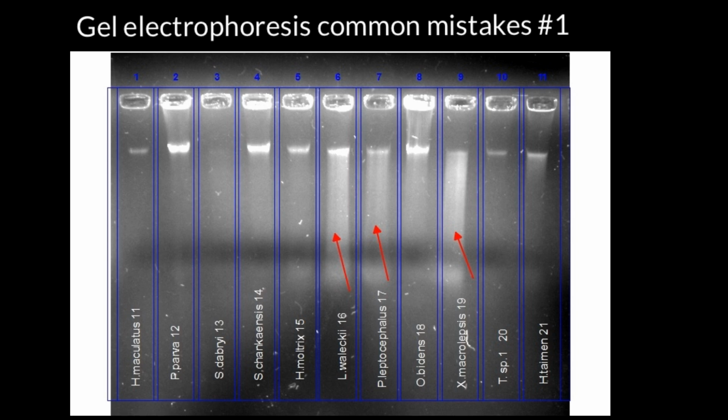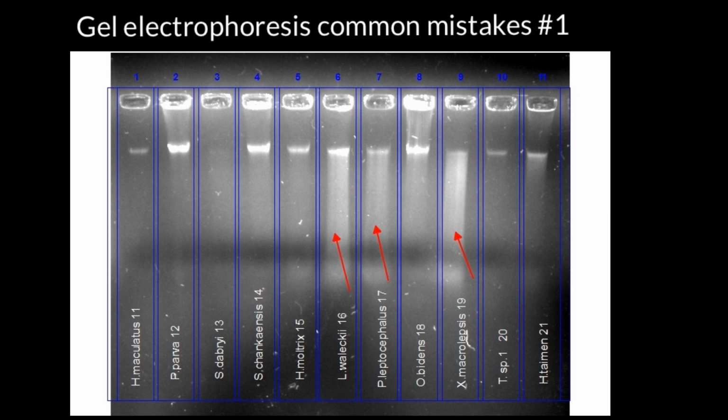And one more piece of advice would be do not vortex your sample. Instead, just gently shake your test tube, because sometimes when you vortex your sample, it also can degrade your DNA material. And a couple more hints.